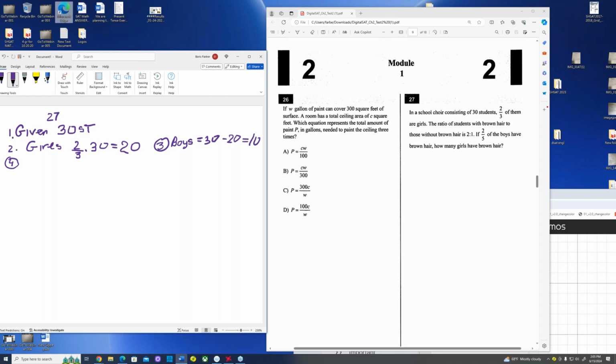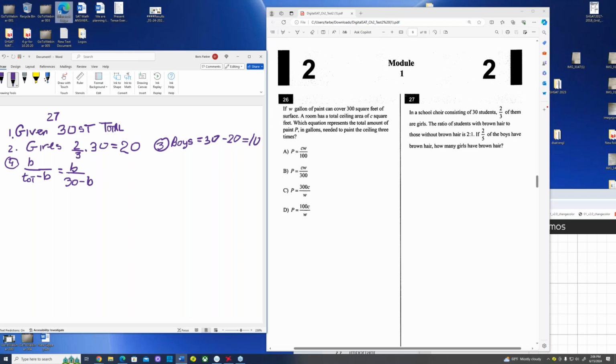So brown divided by total minus brown, this is total. Because if I first subtract brown from total, I have without brown, right? Which is the same as brown and total, divided by 30 minus brown.